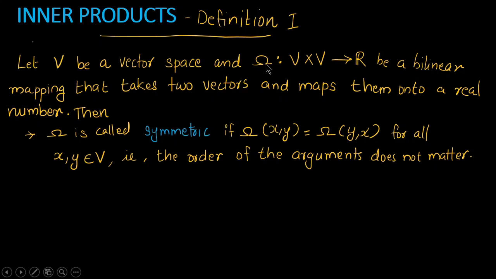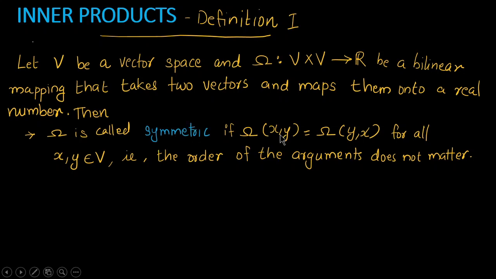So that means whenever we define a function that maps V cross V to R, it takes two vectors as arguments and returns a real number. When we define a function like that and want to make it an inner product, that function should be symmetric.